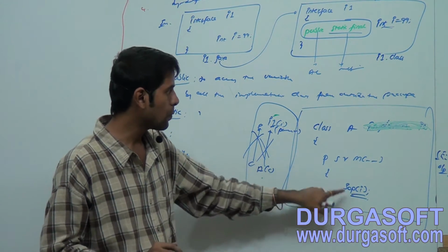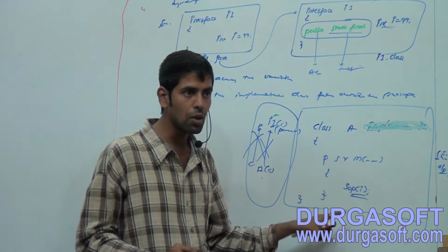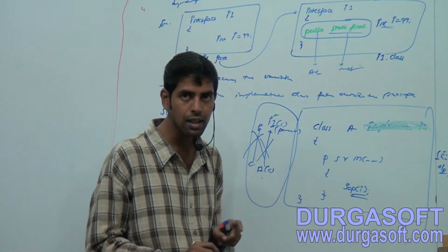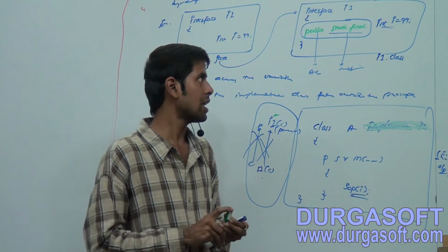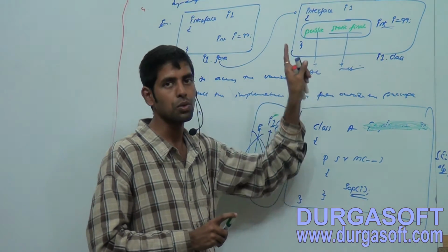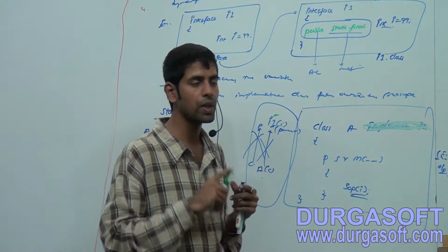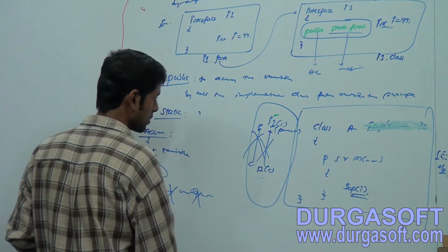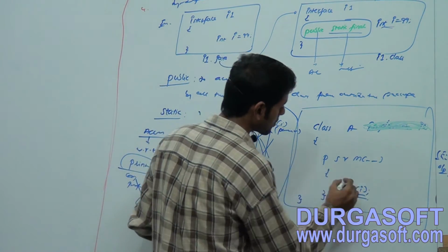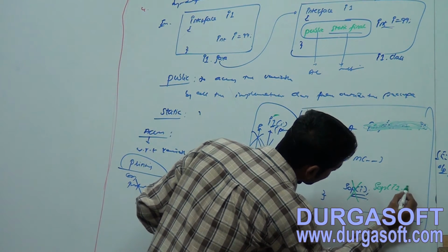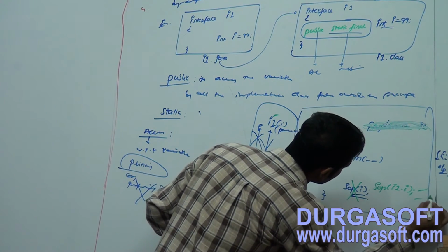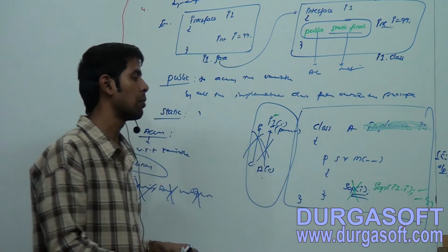Now how to access this i variable within class A? We cannot create an object, but it is static, so by using the interface name we can access. Now it will compile successfully and give the output.